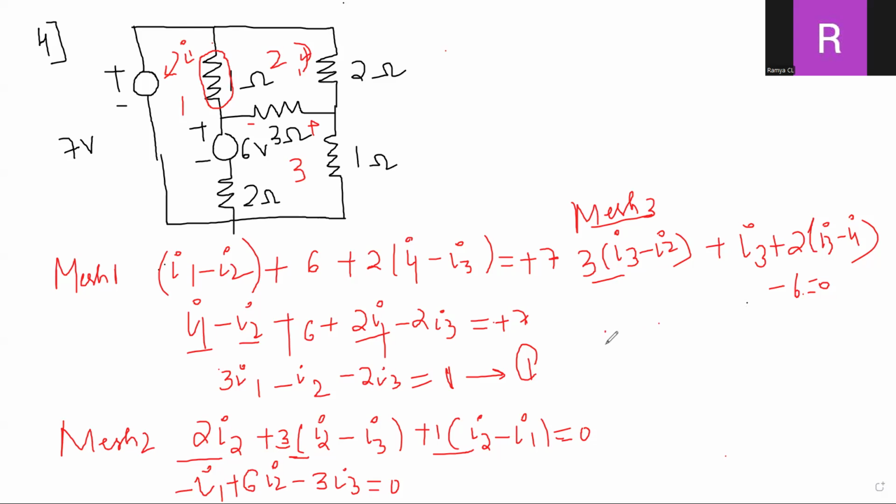After you get the final equation, you need to put it in the calculator, the three-term form ax plus by plus cz is equal to d. You need to enter the values. So you will be getting I1 as 3 amperes, I2 as 2 amperes, I3 as 3 amperes. Verify. Okay, time is over, children. You verify.